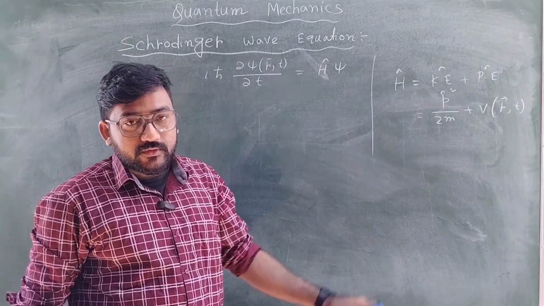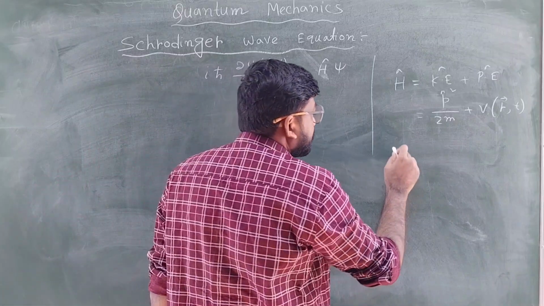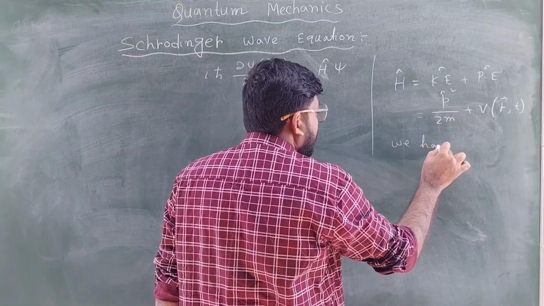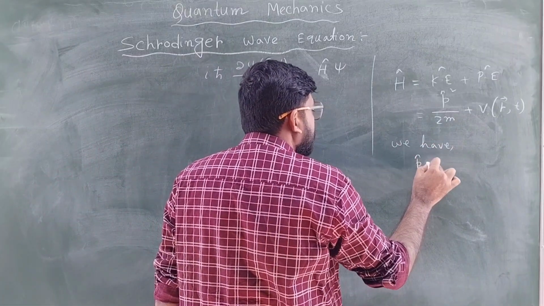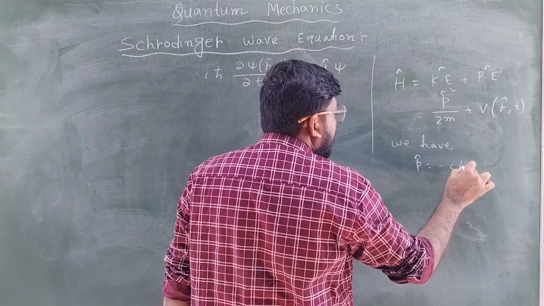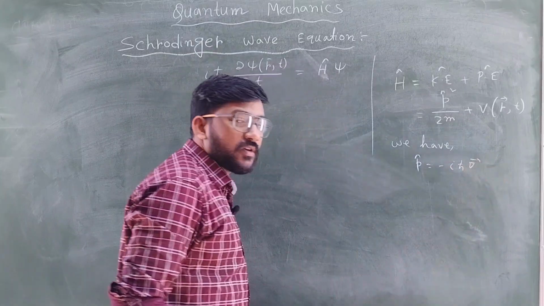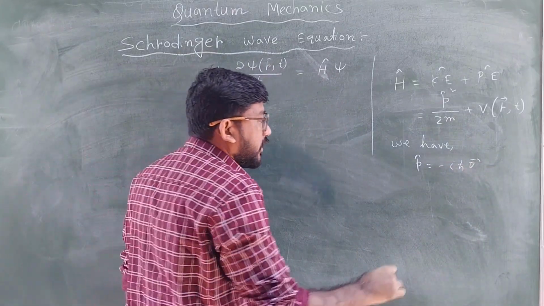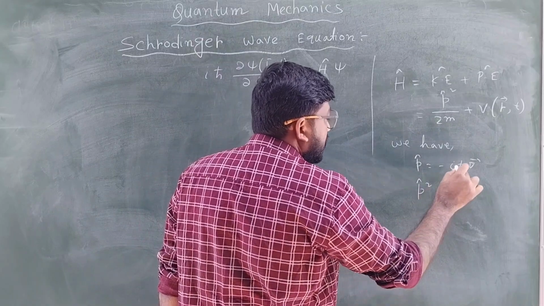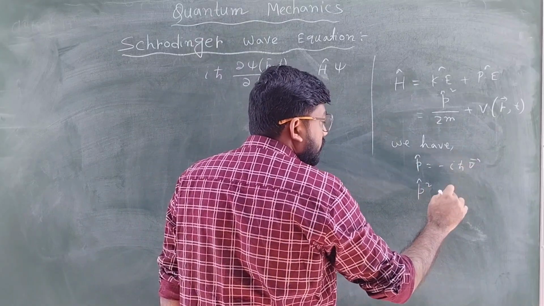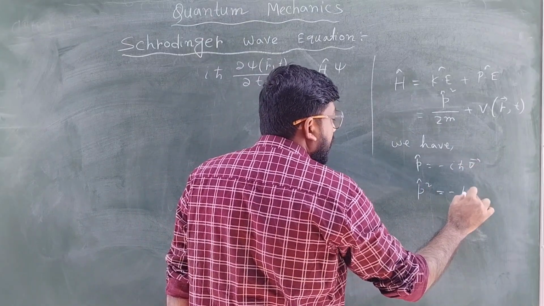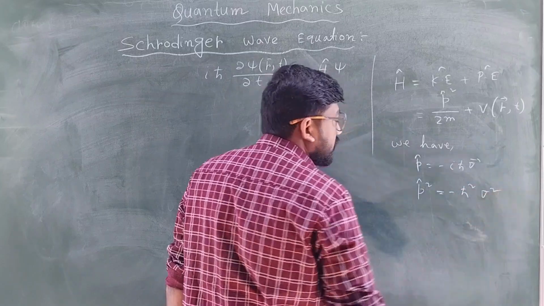Now what is P cap? What is the momentum operator? We have P cap, which is basically minus iħ del operator. Now if you square this, you will get P cap square, that is i square ħ square, that is again minus 1, so it will be minus ħ square del square.